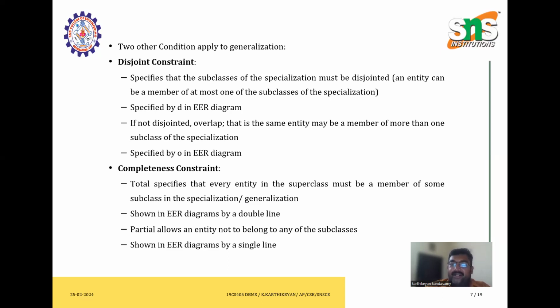The completeness constraint is based on total, which specifies that every entity in the superclass must be a member of some subclass of the specialization or generalization. In the EER diagram it is shown by a double line. A partial constraint allows an entity not to belong to any of the subclasses, shown in the EER diagram by a single line.